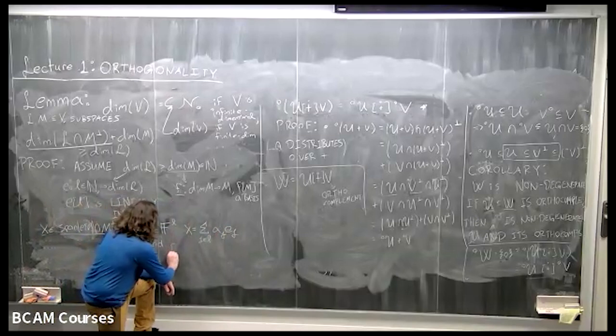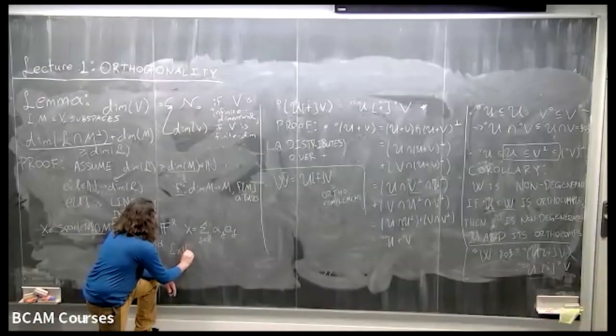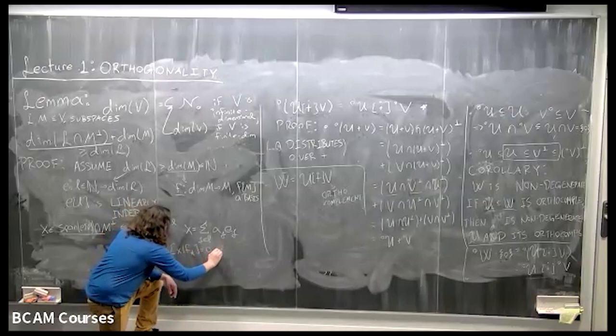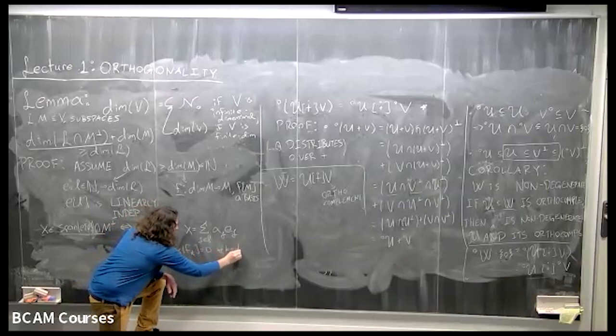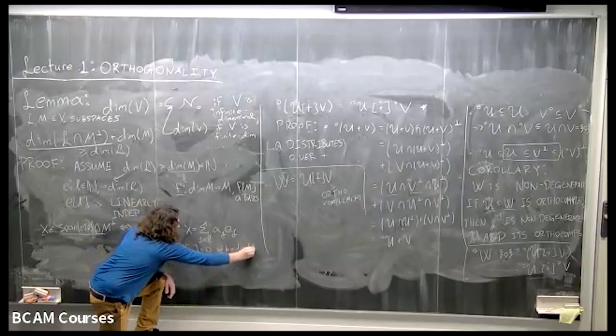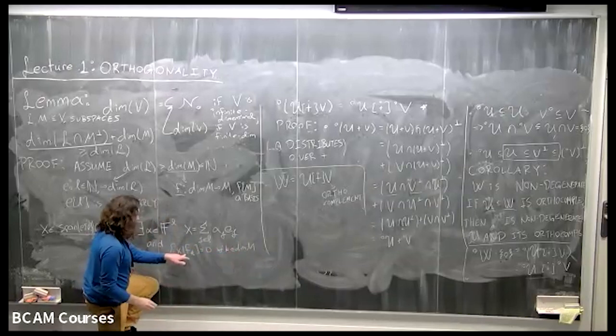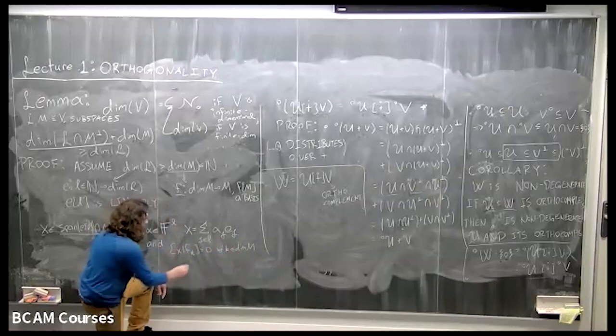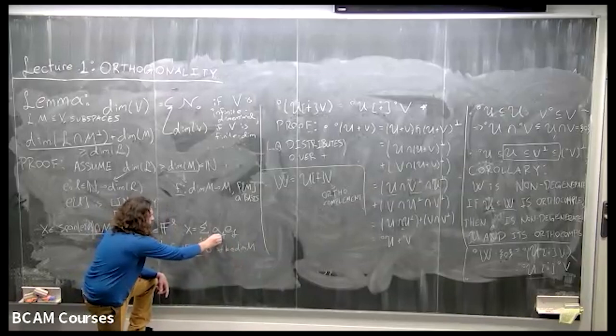What that means is that this inner product, let's say f_k, equals 0 for all k in dim m. And so basically you can expand these in terms of the tuples.